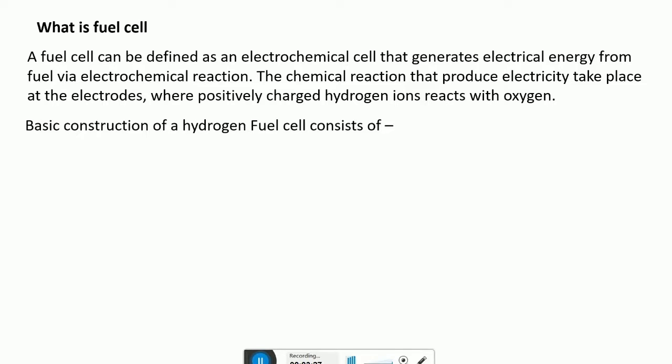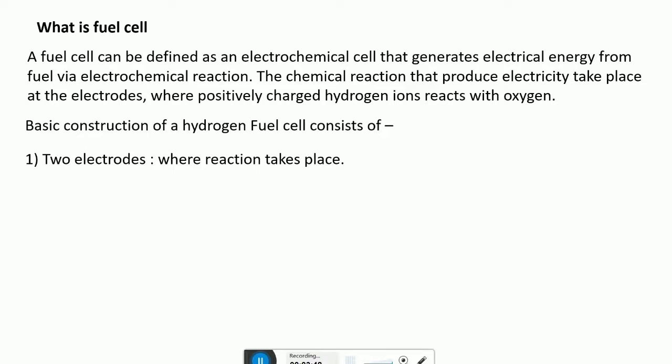It has two electrodes where the reaction takes place, and the electrolyte that carries the charged particles from one electrode to the other. So the first component is two electrodes where a reaction takes place.